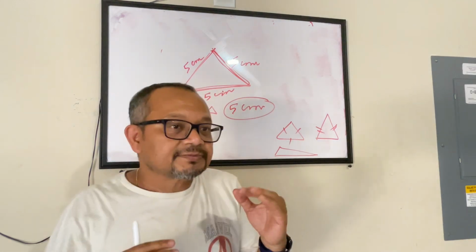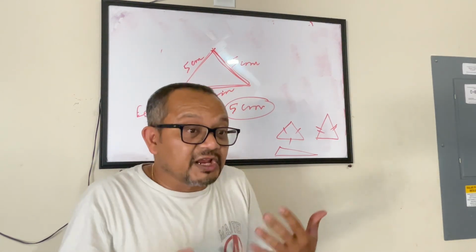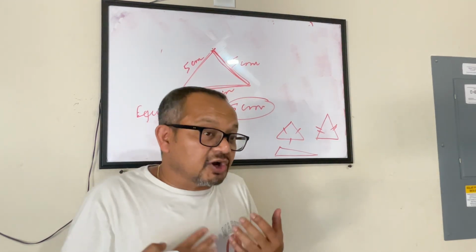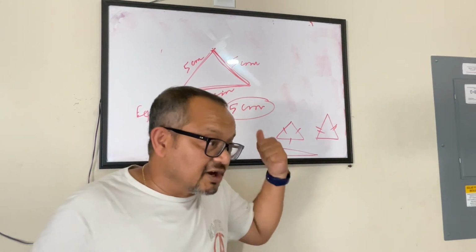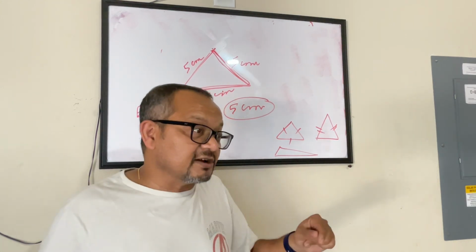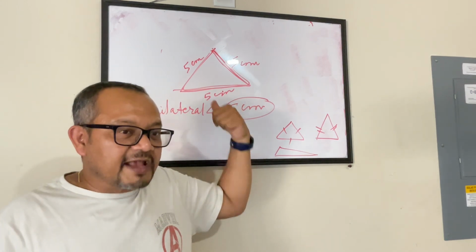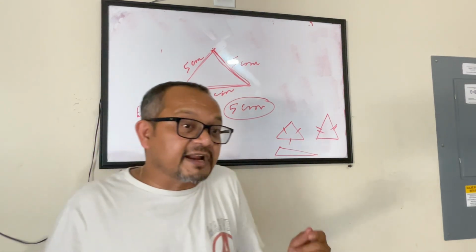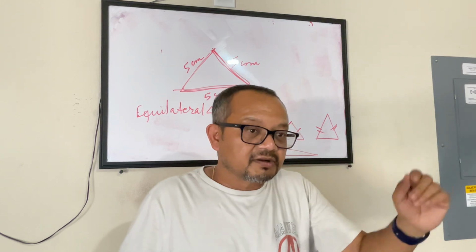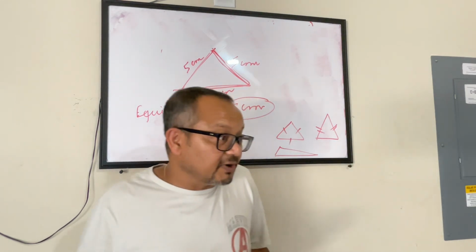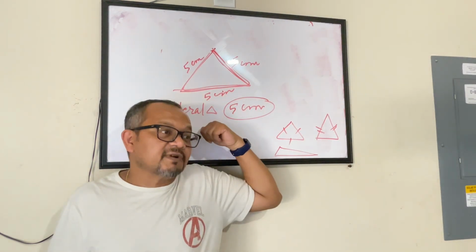The catch is, knowing the property of shape is very important, right? I'm sure most of you would have gotten bored when I was talking about shapes, saying the properties and all that. But see, this is where it comes handy. I said, find out the perimeter of equilateral triangle where one side is 5 centimeters. Was that enough? Yes, it was enough if you knew the property.